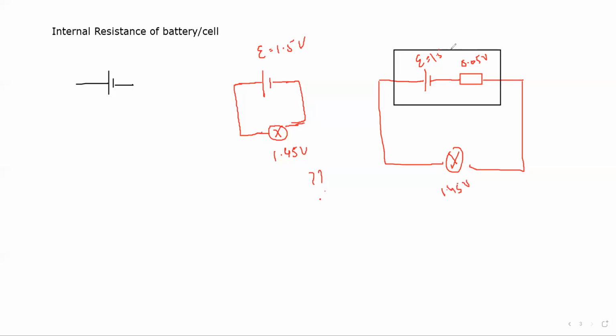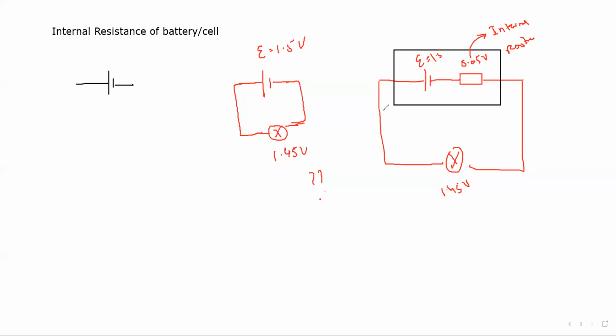The loss voltage is due to the internal resistance of the cell. So the concept is that cells or batteries also have a resistance which leads to loss in voltage. The main source of this loss voltage is the internal resistance.